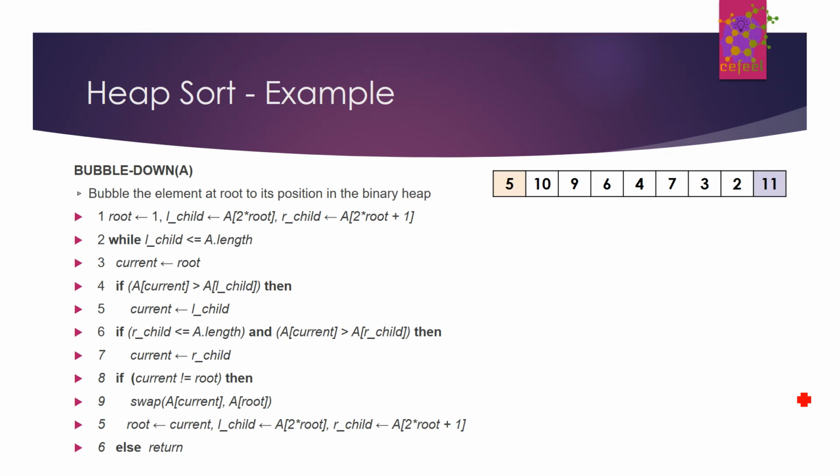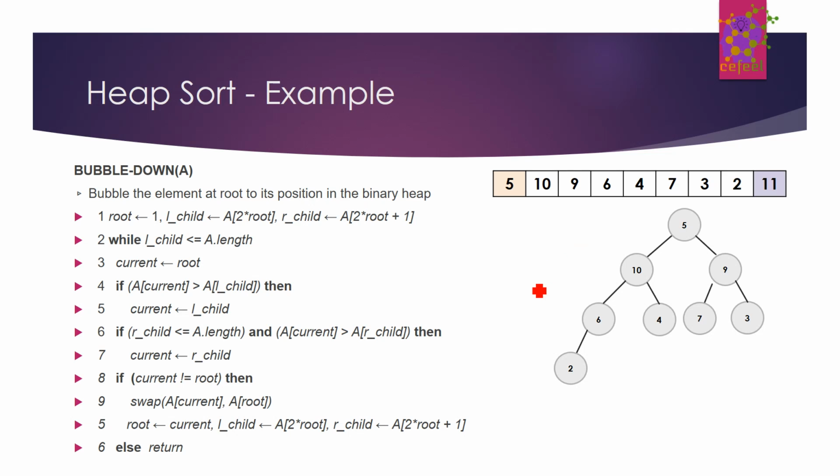Now the bubble down process starts with root equal to 1, or bubble down A comma root in the other algorithm, but this is okay here. So we have the root element which we need to bubble down.